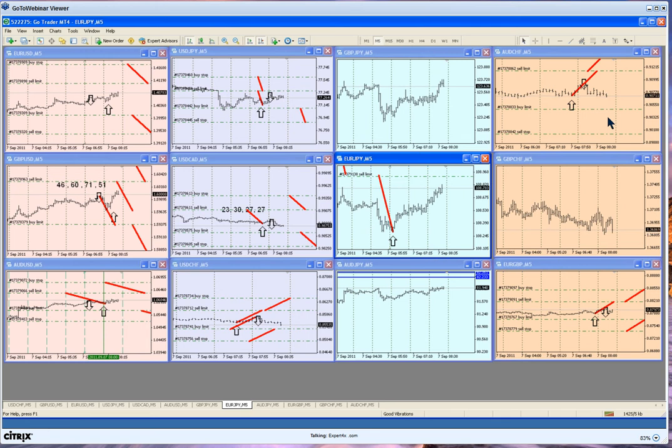Haven't done the good vibrations for a while, so I'm trading the good vibrations exclusively today, ignoring support resistance, all that kind of stuff. Thanks for that question. How do you determine if you need a 150 or different vibration rate? All right, I'll get into that pretty soon. Thanks for that question.